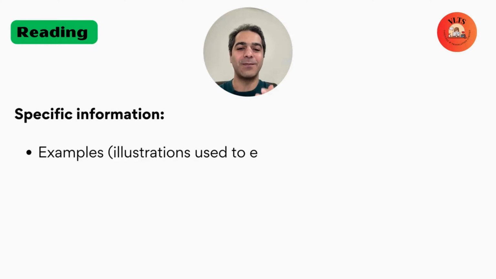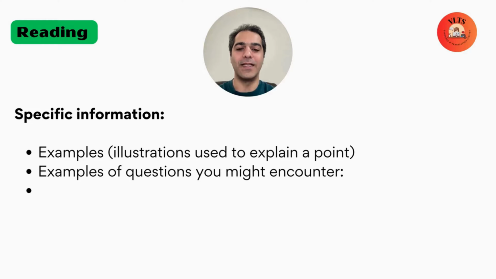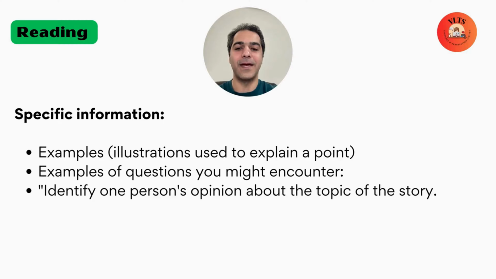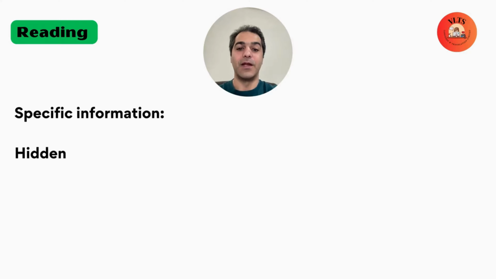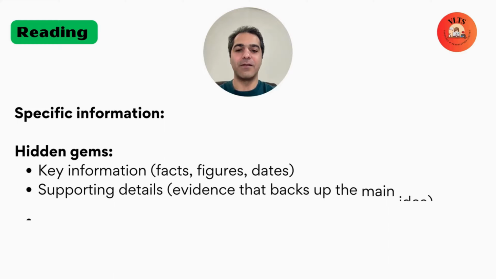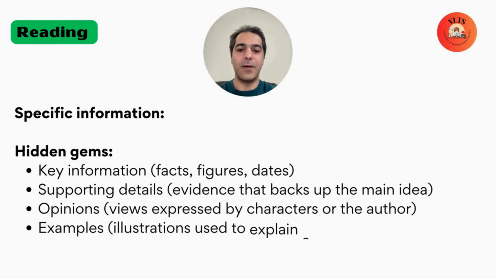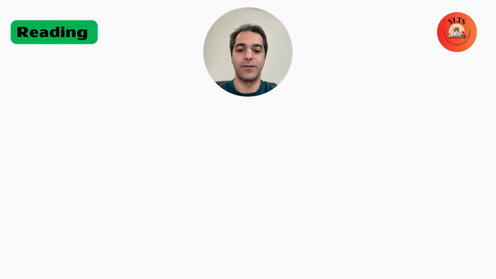These are used to explain a concept or illustrate a point made in a passage. So, remember, specific details, supporting details, opinions, and examples, these are hidden gems you need to unearth to ace the detail-oriented questions in the CELPIP reading section.